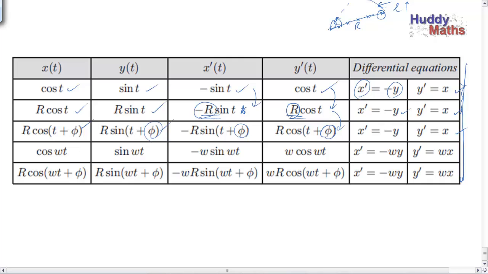Okay, cos omega t, better watch this one, because the derivative, when you differentiate cos, is minus sine, but you must multiply by the derivative of this function in here, mustn't you? Okay, remember that? Chain rule, function of function. So when you differentiate sine, derivative of sine is cos, but you must multiply by the derivative of the coefficient there. It's a function of a function.